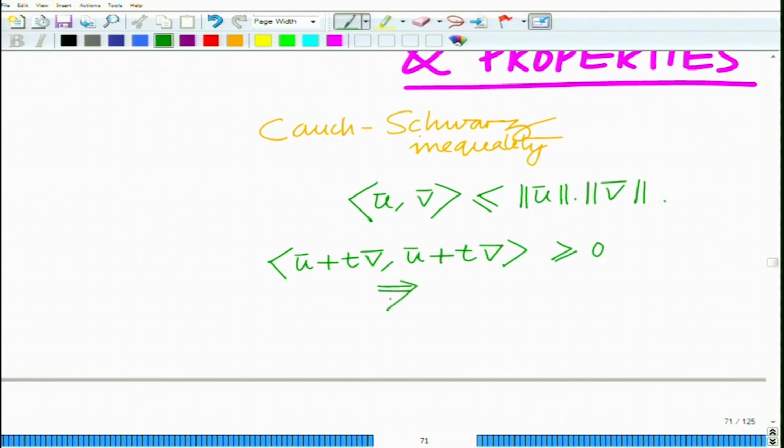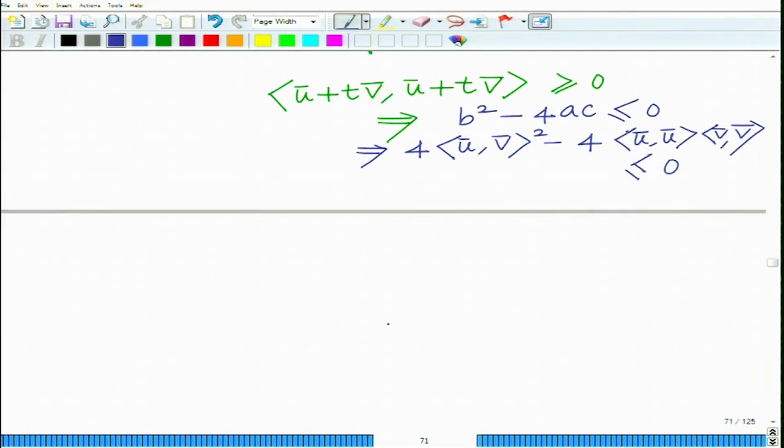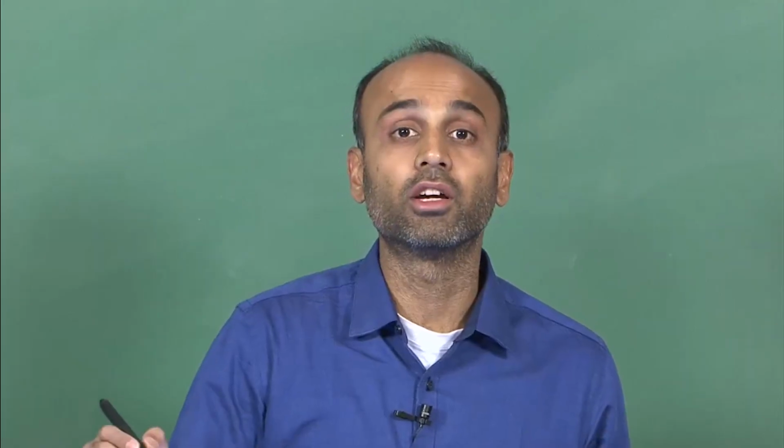This implies the quadratic in t is greater than or equal to 0, which implies the discriminant has to be less than or equal to 0, and the discriminant is nothing but 4 times the square of the inner product u bar comma v bar, minus 4 times u bar comma u bar times v bar comma v bar, this is less than or equal to 0. In fact, if the discriminant is 0, that is b square minus 4ac equals 0, this means that the quadratic equation has a unique root, okay.